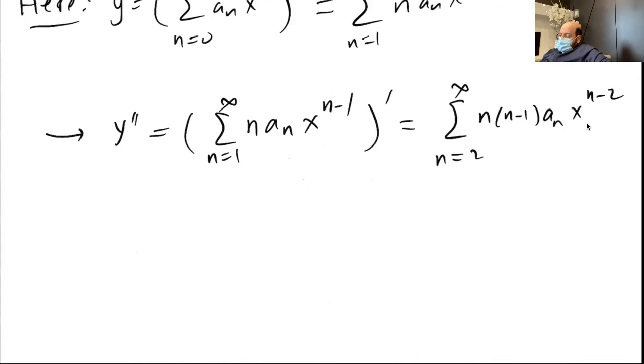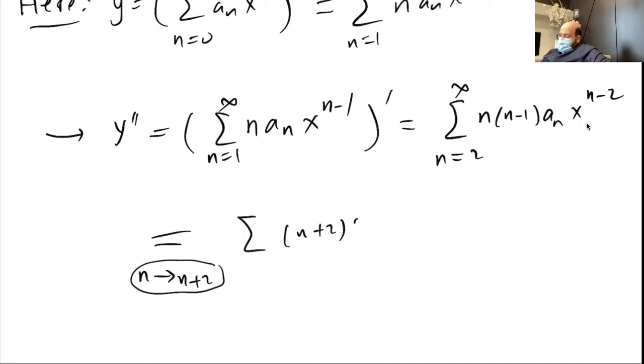So if I change n to n plus 2, then I'll have sigma n plus 2 times n plus 1 a n plus 2 x to power n, from 0 to infinity. I've changed n to n plus 2. This becomes n plus 2. This becomes n plus 1. This becomes a n plus 2. And this becomes x to power n. And the starting index shifts 2 units to the left, so it starts from 0 to infinity.